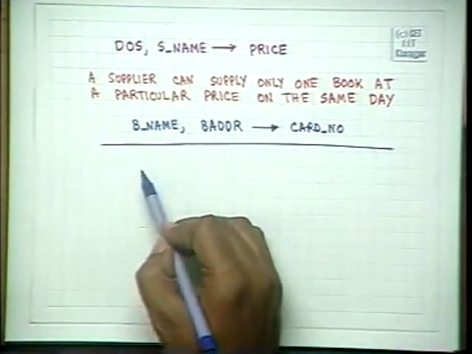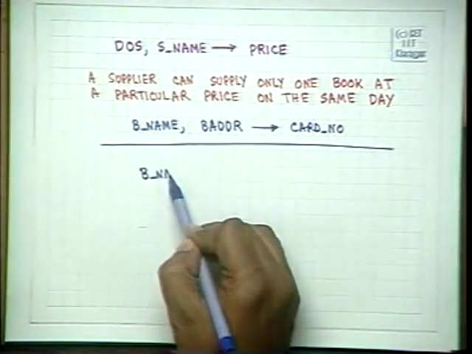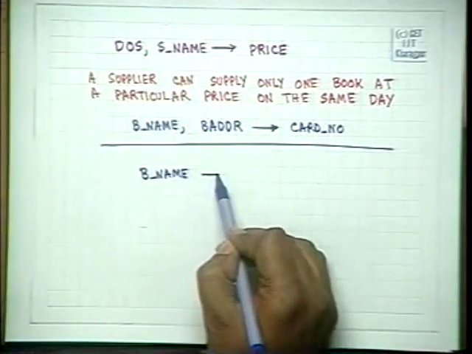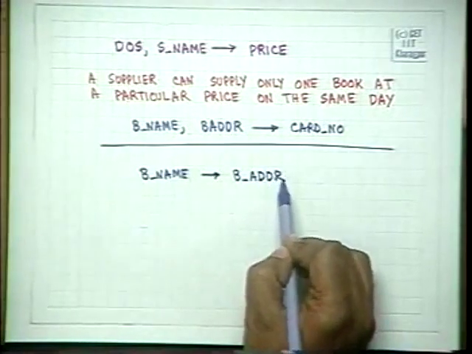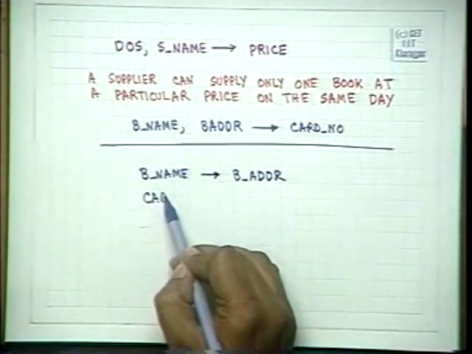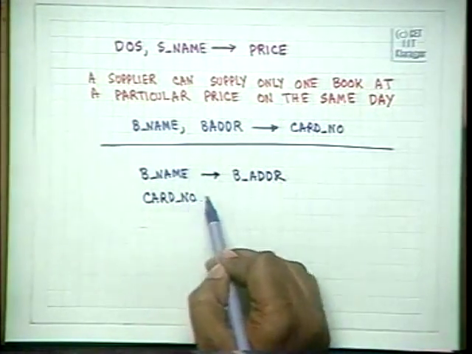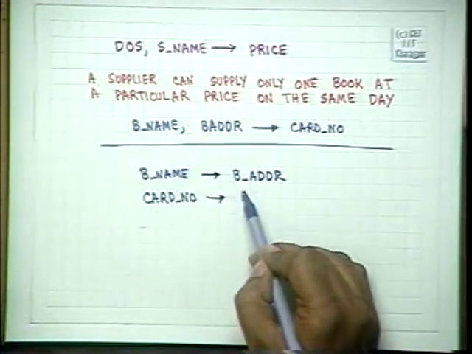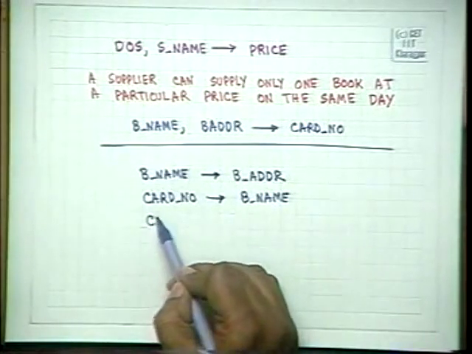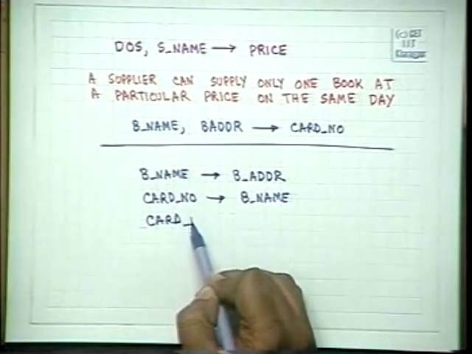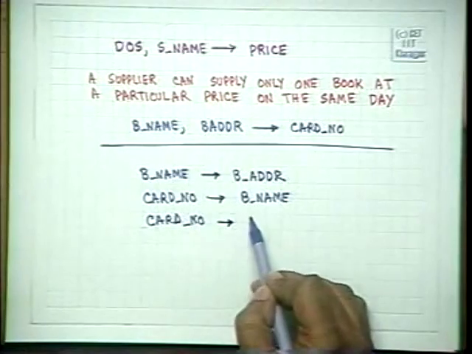Let us take another one. Suppose I write down borrower's name gives borrower's address, and I have my old dependency as card number gives borrower's name and card number also gives borrower's address.